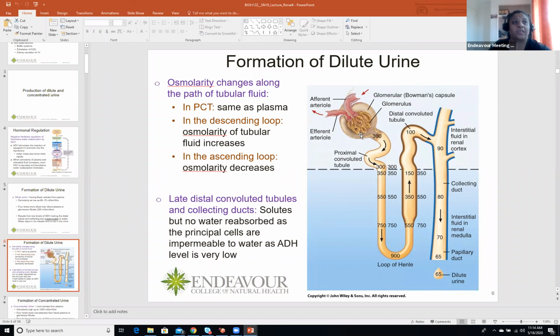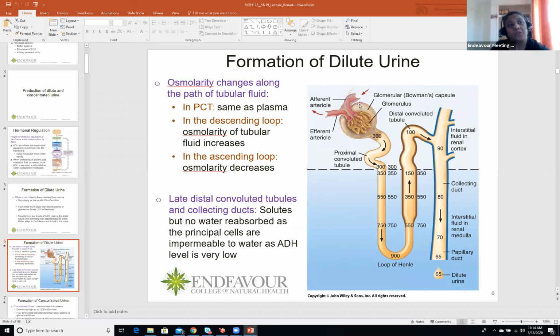So here, let's start with the efferent arteriole and the filtrate being formed. As the blood is coming into the glomerulus, you can see the blood coming in, right? As it passes through these glomerular capillaries, a lot of water and solutes are filtered into this cup, which is the glomerular capsule.